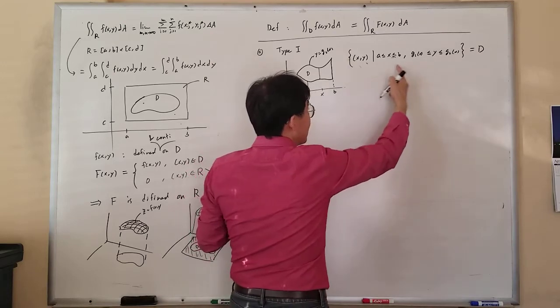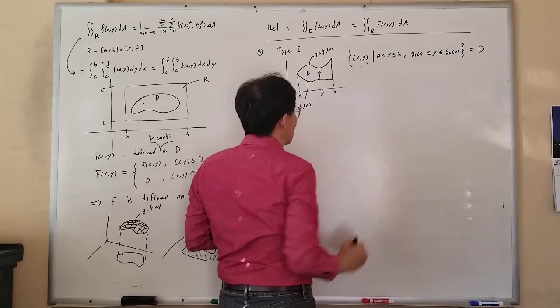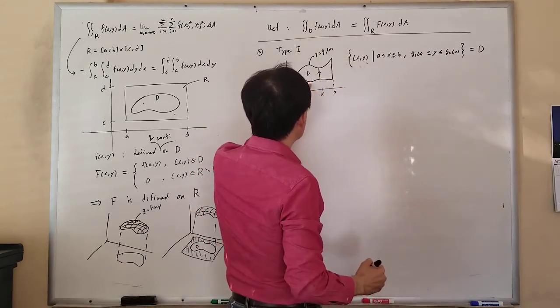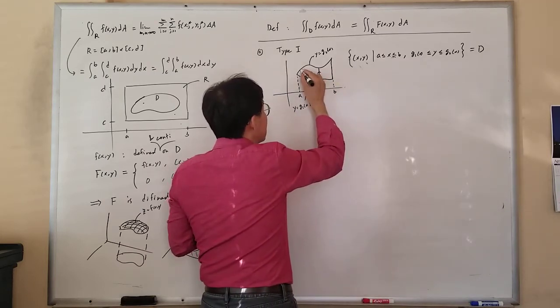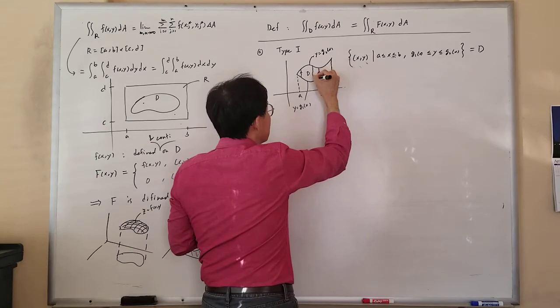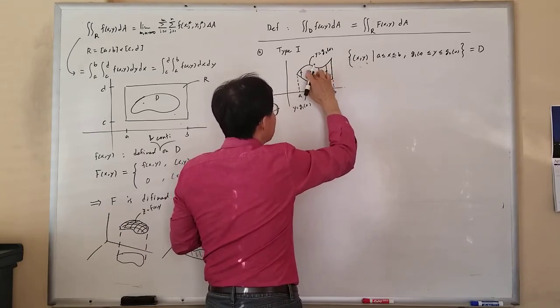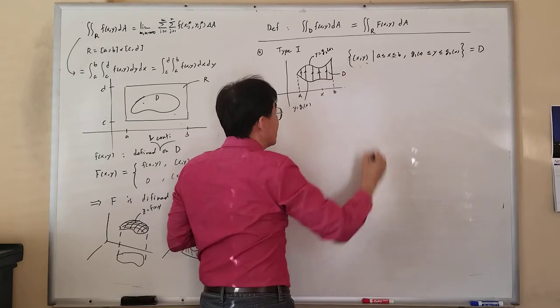As y goes, you're covering this segment from here to here. And x can be here, here, starting from a all the way to b. When x is over here, that will be this. By changing x values, you will cover every point. This is D.